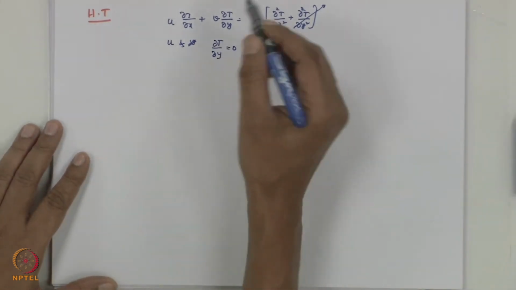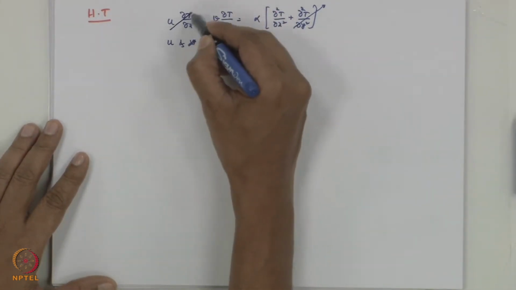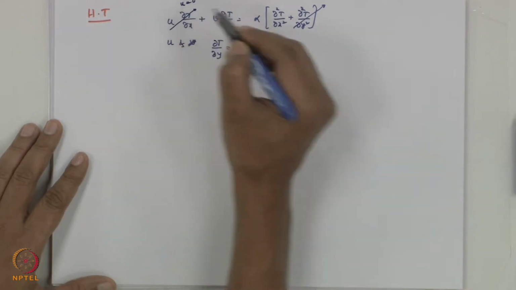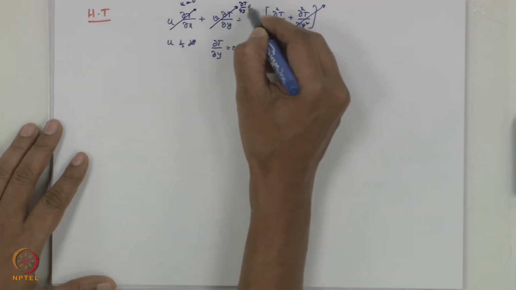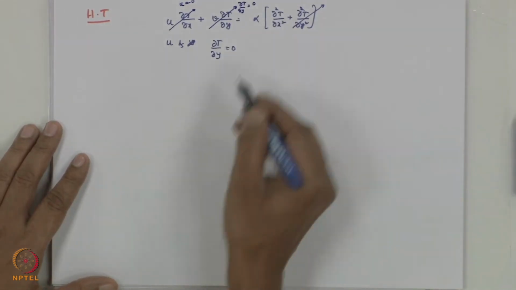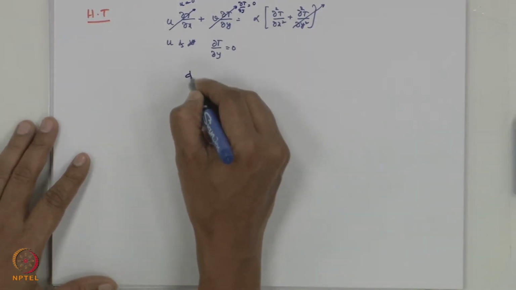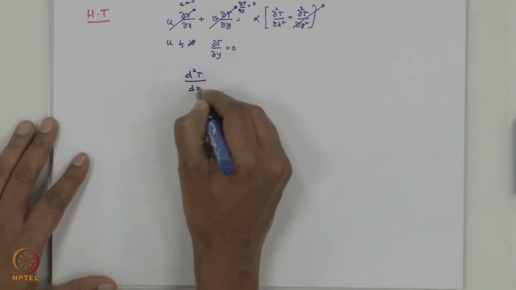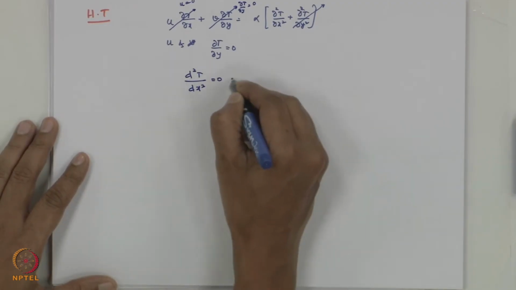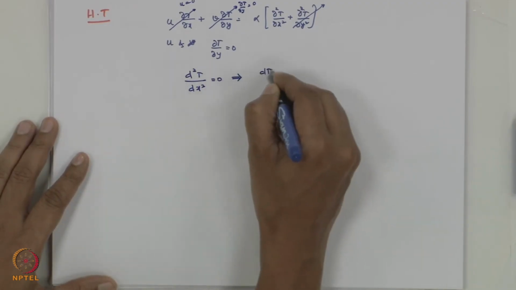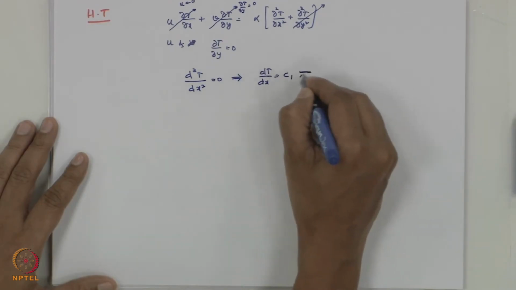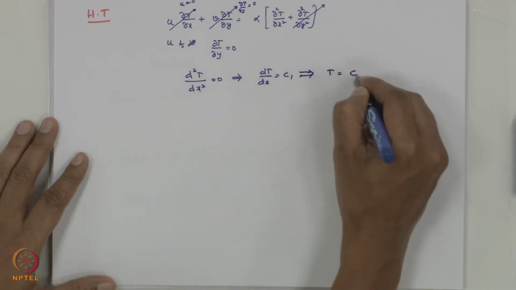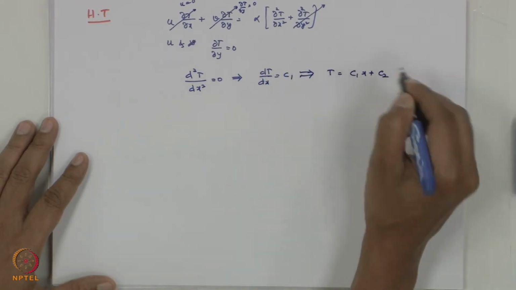So this term is 0, because if U is 0, del T by del y is 0. So now we have d squared T by dx squared equal to 0, which implies dT by dx equal to C1, which implies T equal to C1 x plus C2.